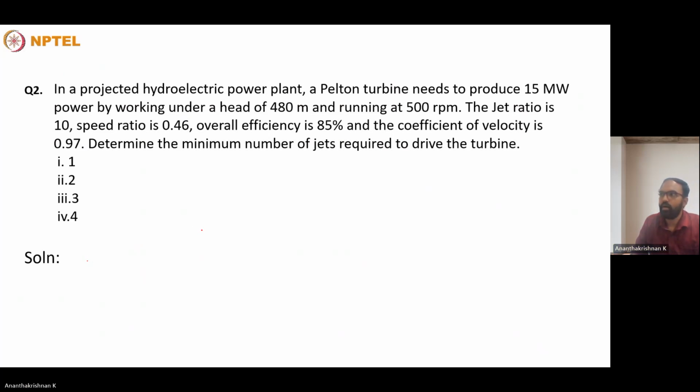Speed ratio is 0.46. Efficiency is 85%, and the coefficient of velocity is 0.97. So this jet ratio actually corresponds to the diameter of the wheel to the diameter of the jet, that is 10.